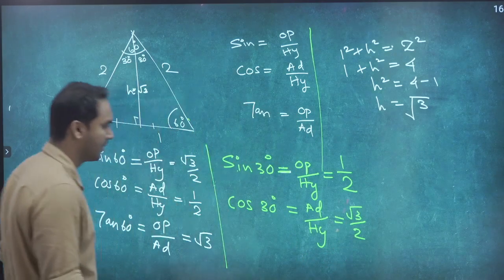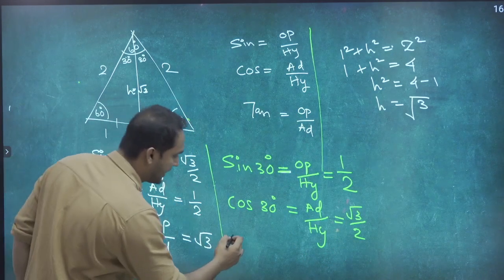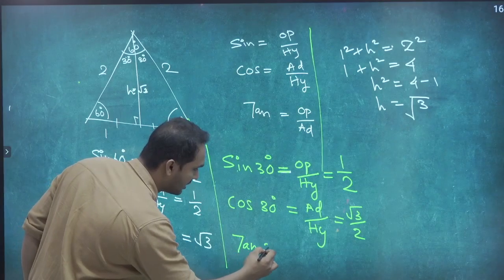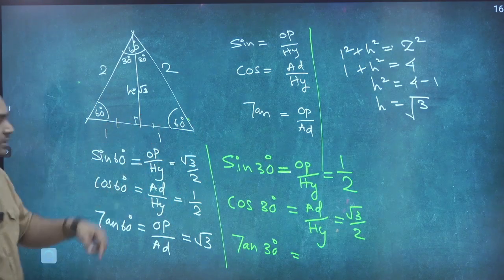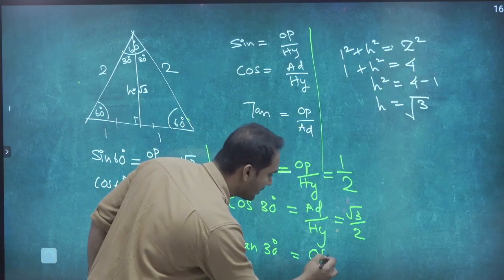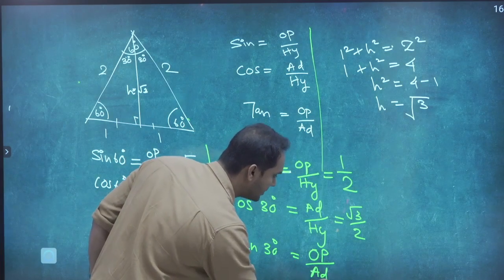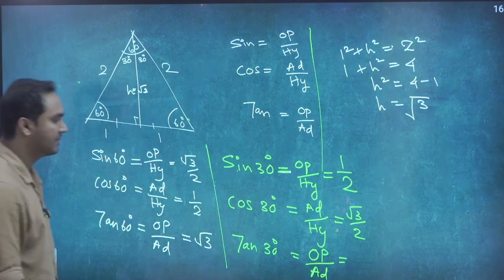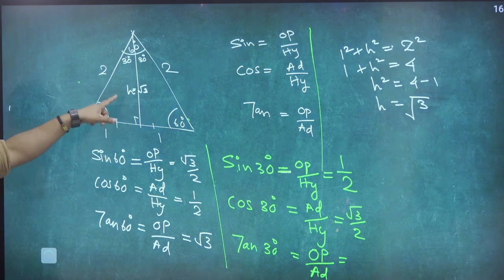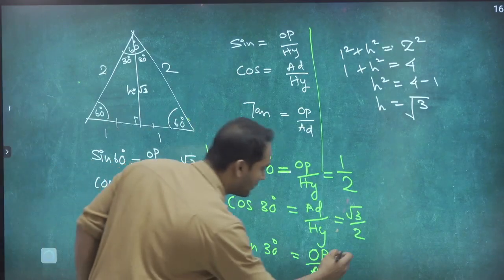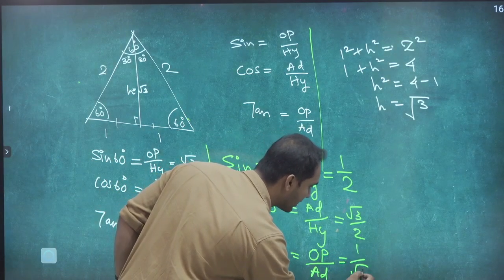The other thing, tan 30. Tan is opposite over adjacent. Opposite is 1, adjacent is root 3, so it's 1 over root 3 exactly.